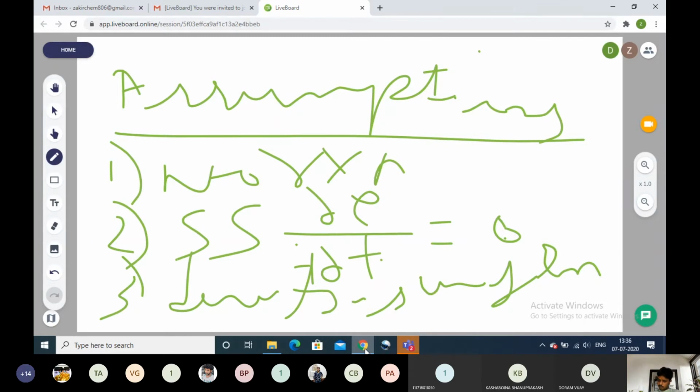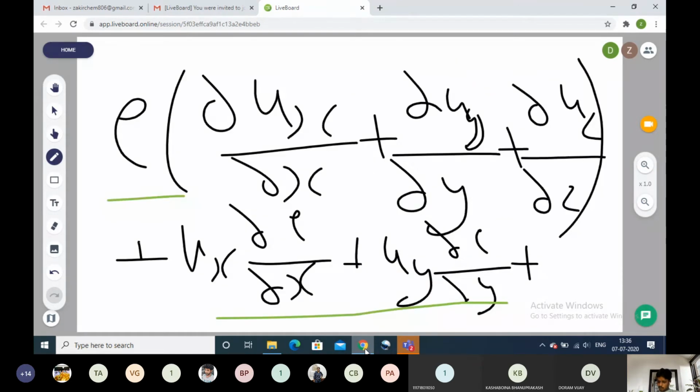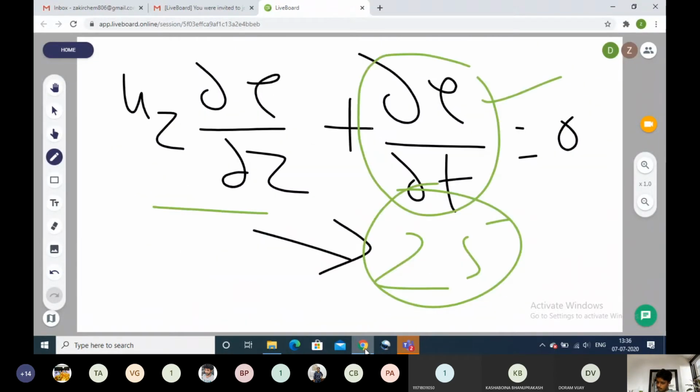Then we have to apply the assumptions, going to the previous one. The first term is steady state, so we strike out this term, which is 0.